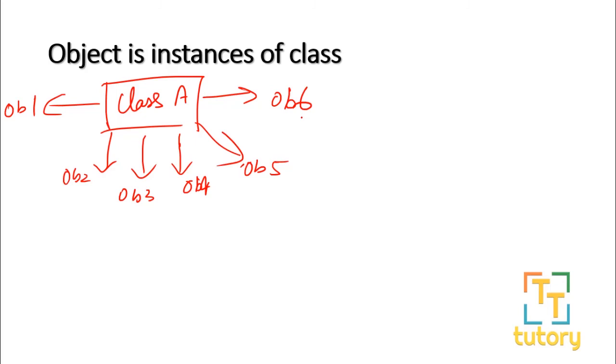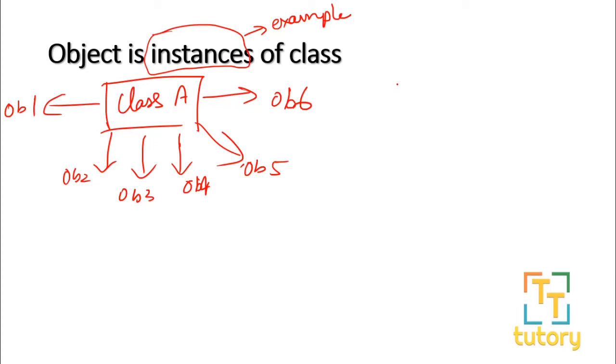So we can create any number of objects of this class A, and each and every object will represent this class A, or they will share the properties and behavior of this class, or we can say that these objects will act as an example of this class A. So what does the term instance mean? Instance actually means example. So we can say that when we are creating an object of a class, we are creating different instances of that class.